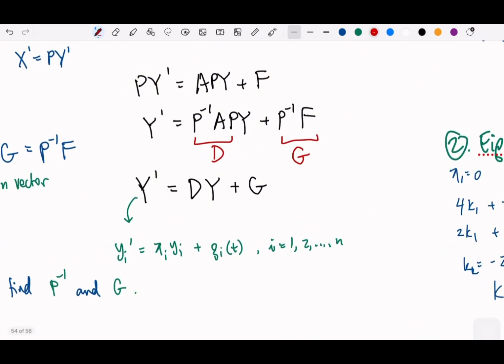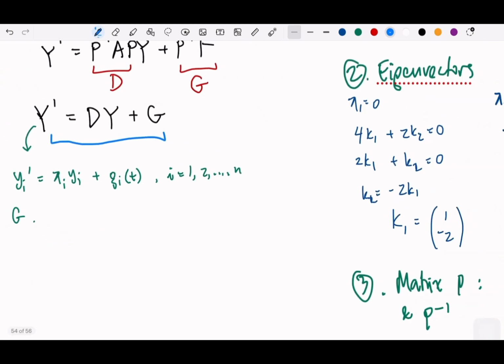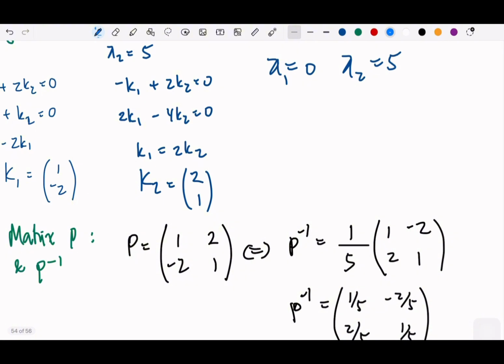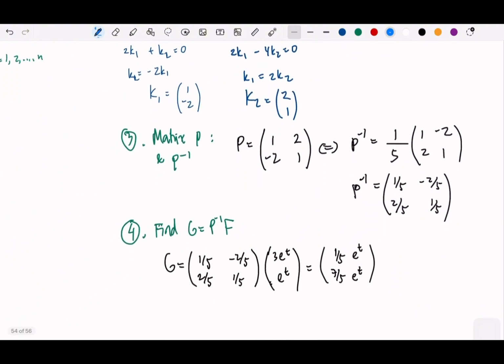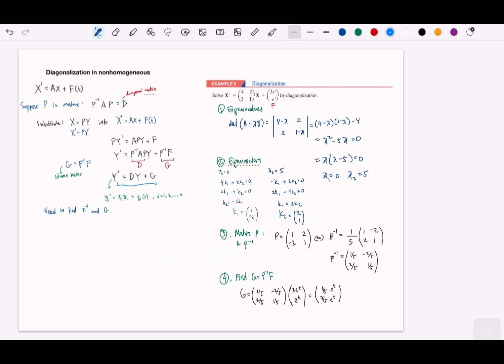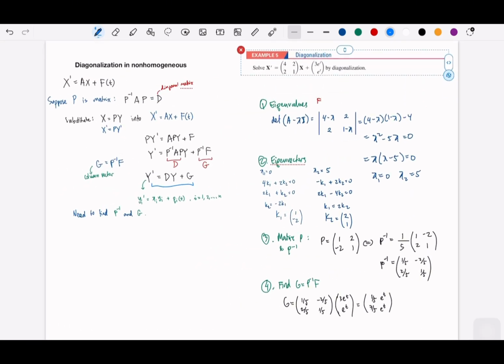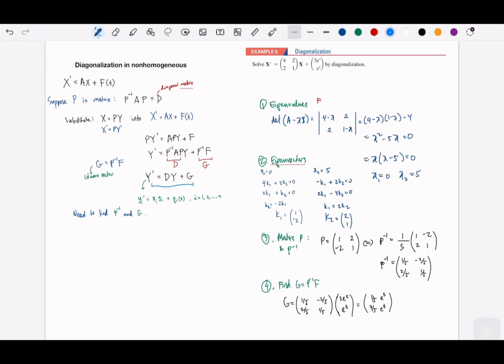Okay, so what we are going to do is we need to make this y prime. Let me make it a little bit smaller.